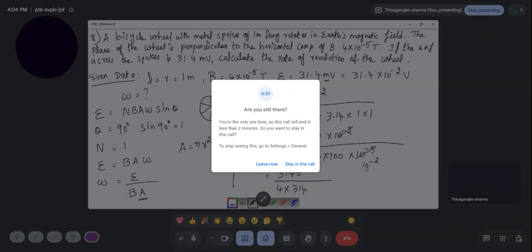The 10 power minus 2 can be taken to the numerator, and it becomes 10 power plus 2. So 314 goes 1 time and 10 times, and 10 divided by 4 you will have 2.5. So 2.5 into 100, you'll get the answer as 250 revolutions per second. So the rate of revolution of the wheel is equal to 250 revolutions per second.